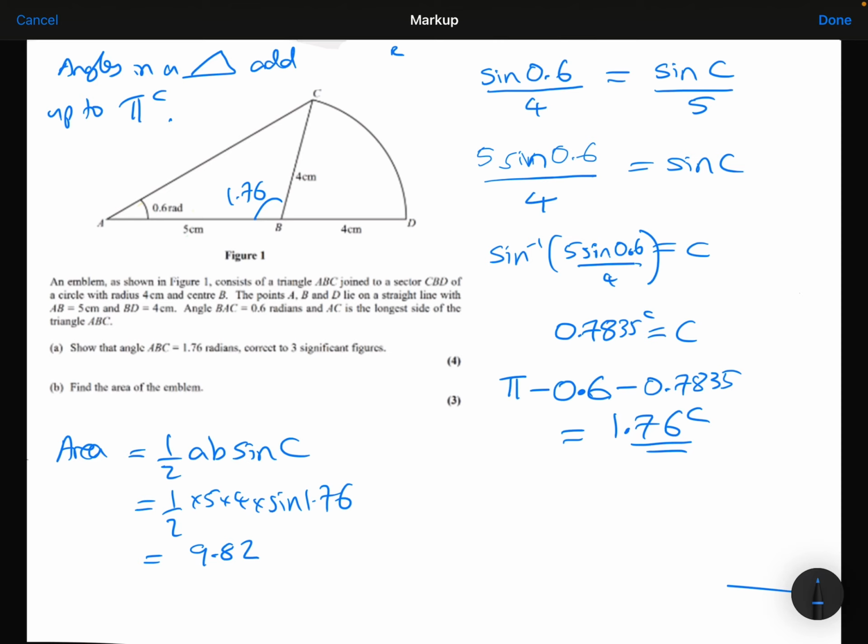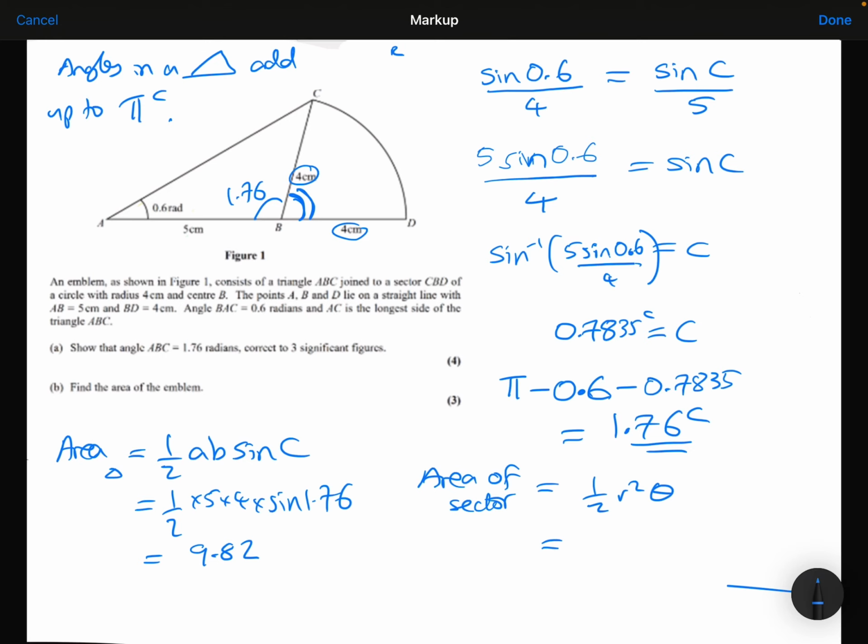Now, to do the area of the sector, so area of sector, the formula for that is a half r squared theta, where theta has to be in radians for that formula to work. Now we can see that obviously r is 4. We'd like to know what the angle theta is here.